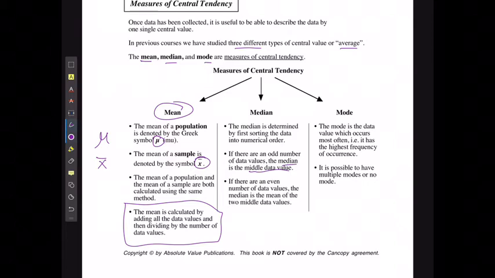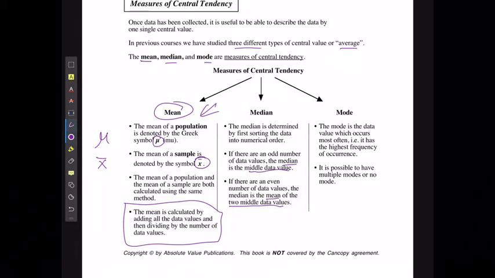So if I had 11 numbers that came up, then the sixth number, once I put them in order, is going to be what that is, whether or not that is close to or far away from what the mean is. If there is an even number of data, the median is the average between the two middle data values. So if I had 12 pieces of data, then I'd look at the sixth and seventh one, I'd add them together and divide by 2 and find the halfway point between the sixth and the seventh piece of data.